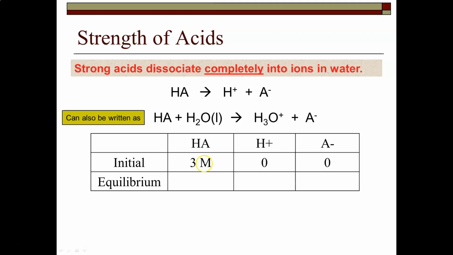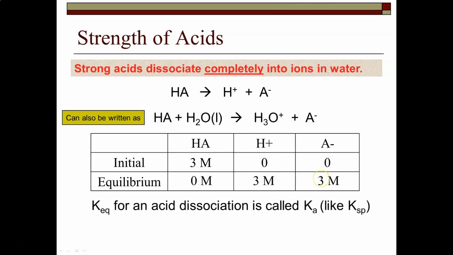So I said 3 molar on the last slide, HA, 0 molar and 0 molar of your ions, because you didn't dissociate yet. Obviously, a change occurs, and at equilibrium, what are you going to end up with if it's complete dissociation? You're going to have no HA left, and because it's a 1-to-1 ratio, you have 3 molar and 3 molar. So the Keq for an acid dissociation is called Ka.